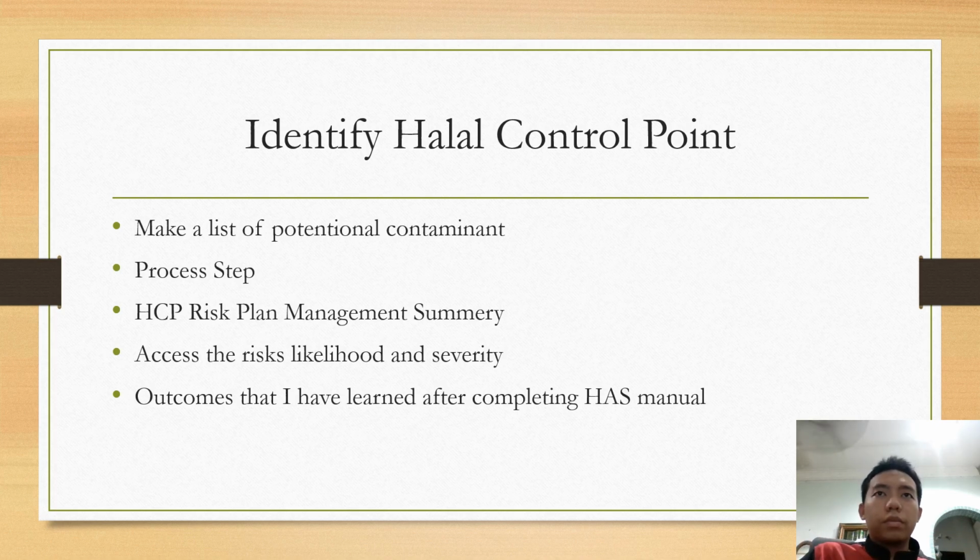So what we're going to do is, first, make a list of potential contaminants. Second, process step. Third, HCP risk plan management summary. Fourth, assess the risk likelihood and severity. And lastly, outcomes that I have learned after completing the HAS manual.